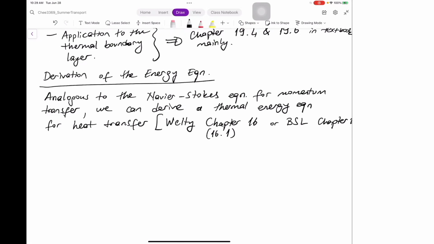Okay. So let me write it exactly from there, and then we are going to derive it for our particular case.